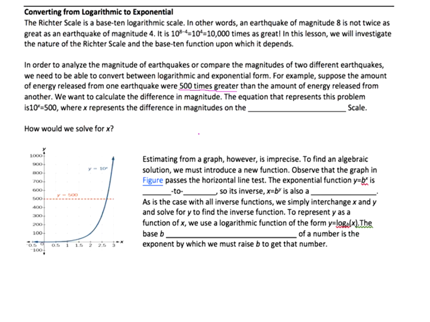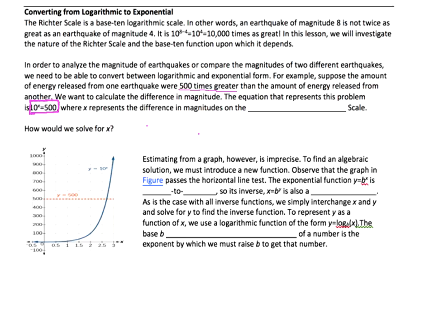We could calculate this magnitude by solving this equation: 10 to the x is 500. If I know it's 500 times greater, that has to equal some power of 10 on our Richter scale, our way of measuring the magnitude.